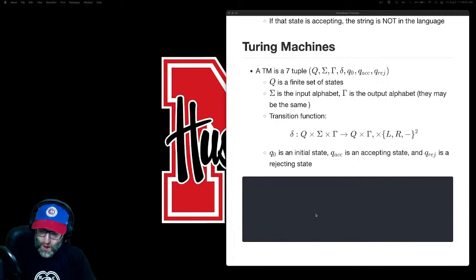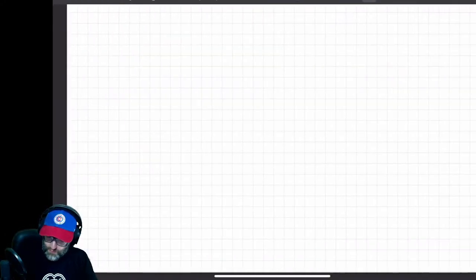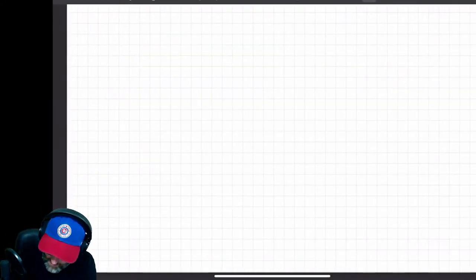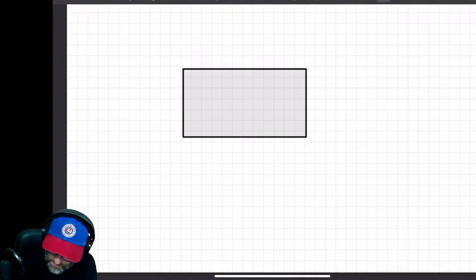Okay. Let's go ahead and take a look at a visualization of this. I didn't pull it from my book, so I'm going to have to just recreate it here. I'll write it nicely, though. So this is the finite state control. It's looking at the input.